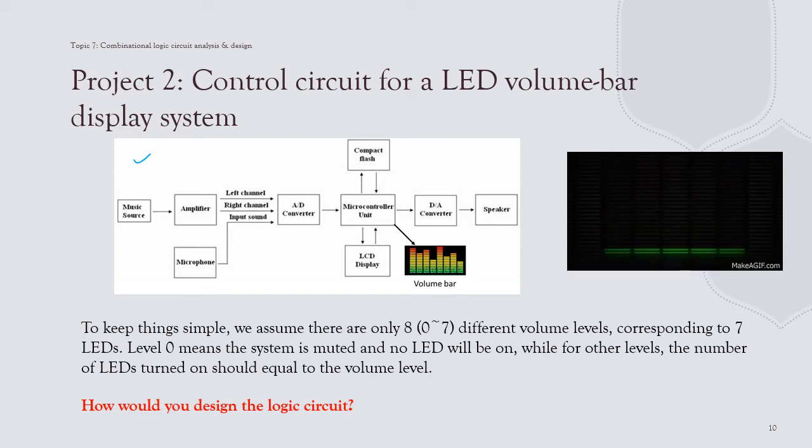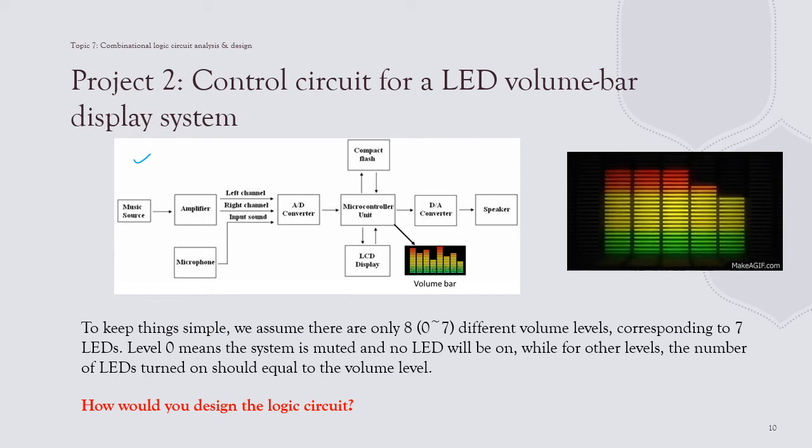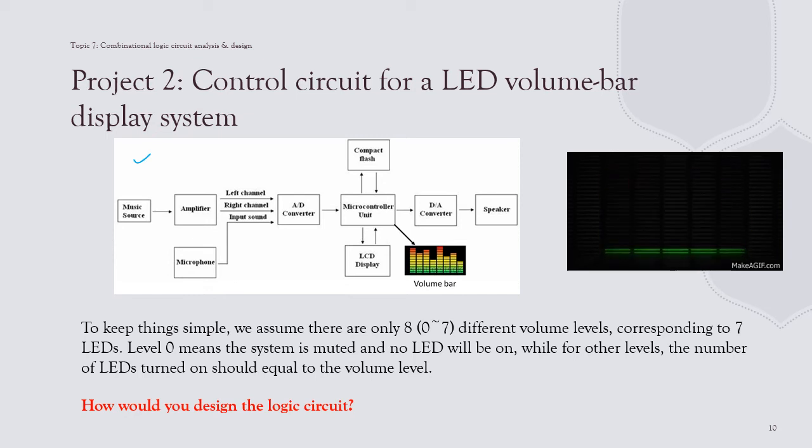Then we hear our sound mixed with the music source. Okay, so this is a sophisticated system, but here we only do a very little part, which is the volume bar control. If you saw the volume bar on the music player system or karaoke system or anywhere, right, it looks like a bar graph.